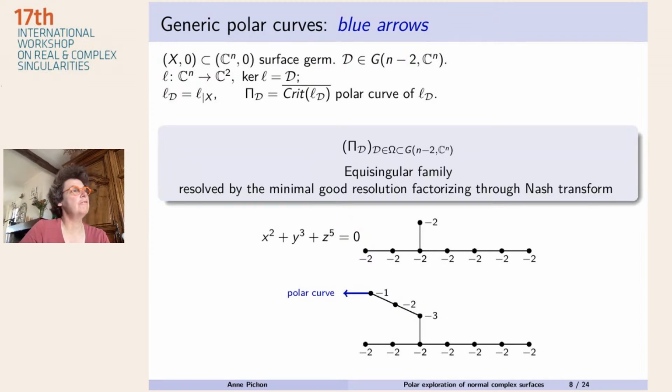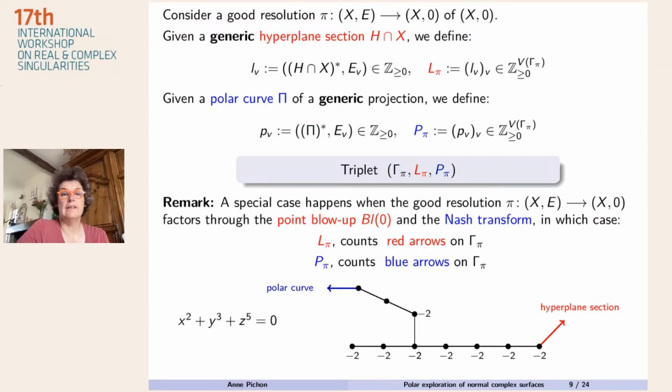So I have two families of curves now, generic hyperplane sections and generic polar curves. And what I would like to do is to study their positions on suitable resolution graphs of X. To make this question more precise, consider a good resolution pi of your surface. A priori, it does not factorize through the blow-up of the origin or through the Nash transform.